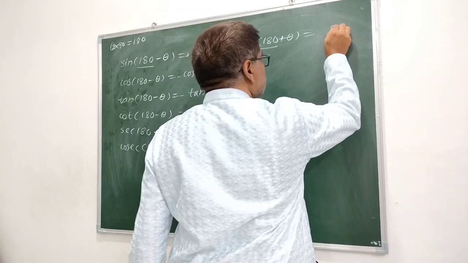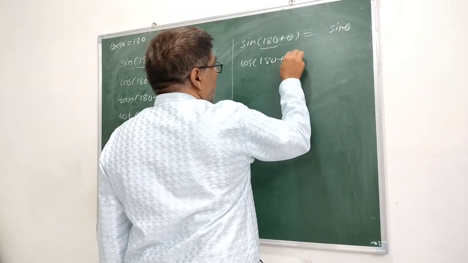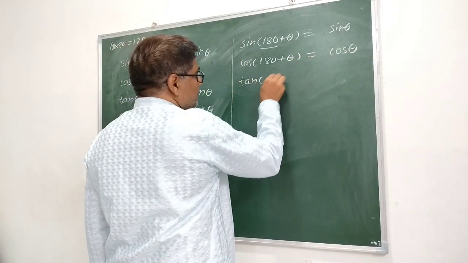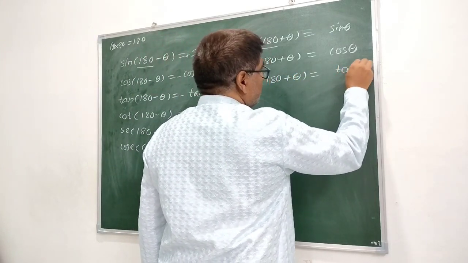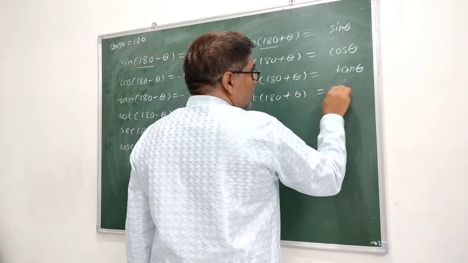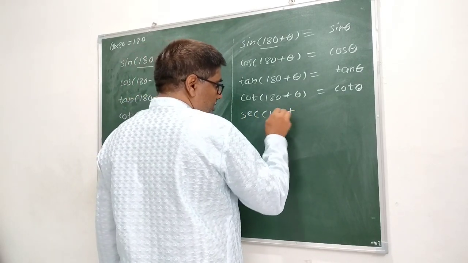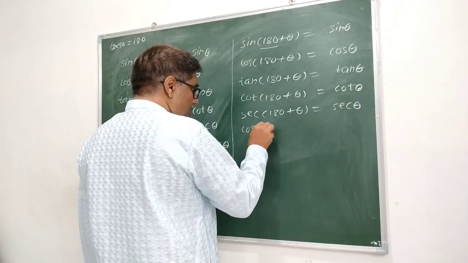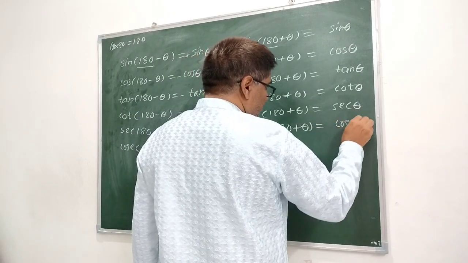Sine theta will remain sine theta, cos theta will remain cos theta, tan of 180 plus theta is equal to tan theta, cot of 180 plus theta is equal to cot theta, sec of 180 plus theta is equal to sec theta, and cosec of 180 plus theta is equal to cosec theta.